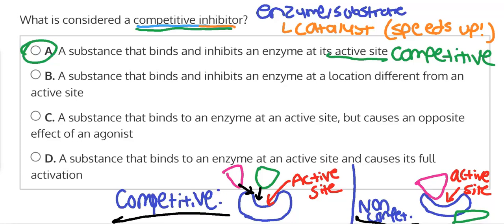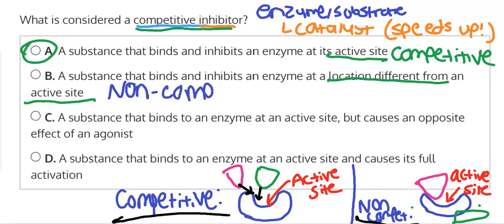As opposed to option B, which says a substance that binds and inhibits an enzyme at a location different from the active site. So if we look at this example here, the non-competitive inhibitor, it's at a site different from the active site. That would be the definition of a non-competitive inhibitor. So not the answer to this question.